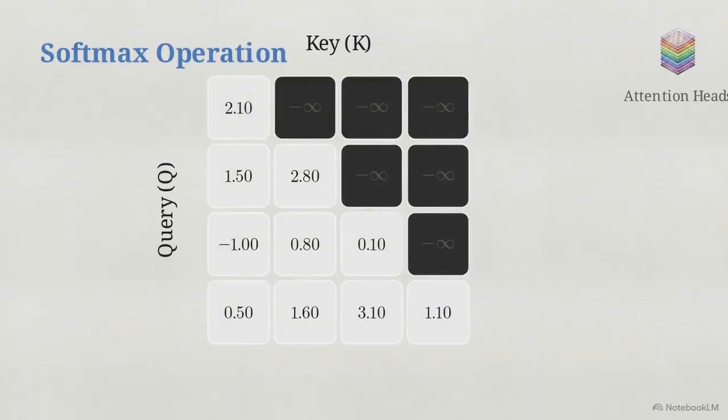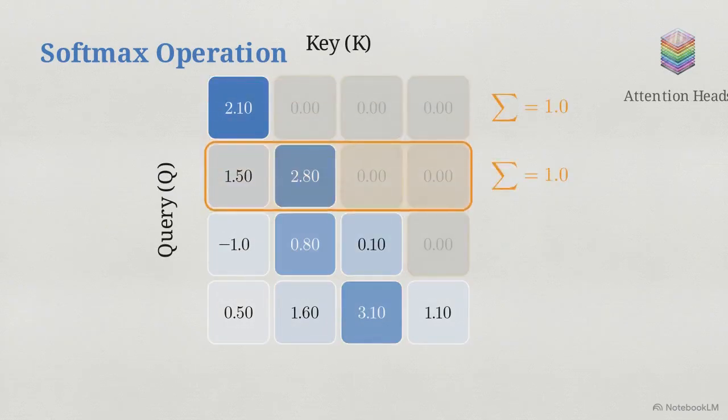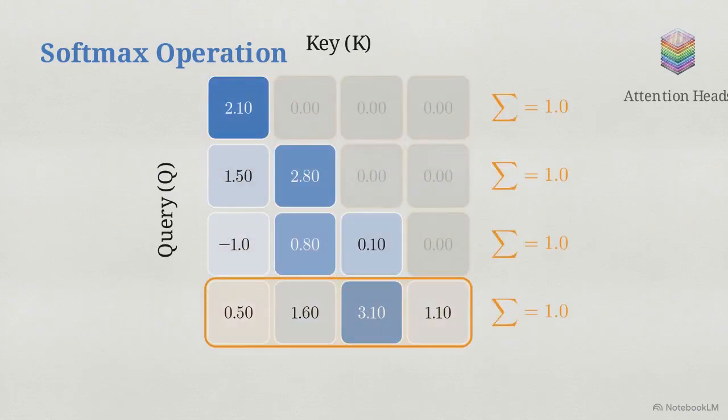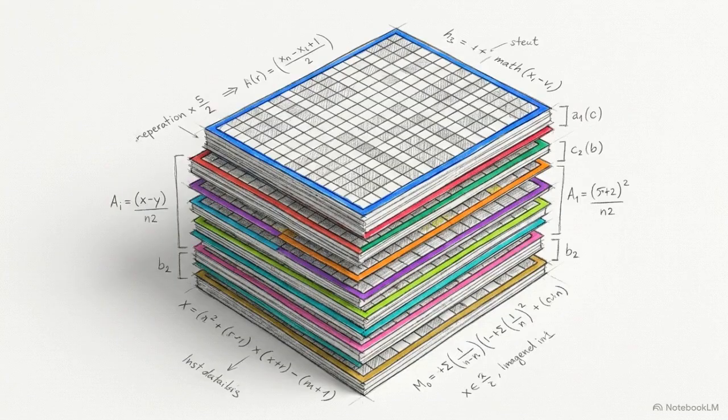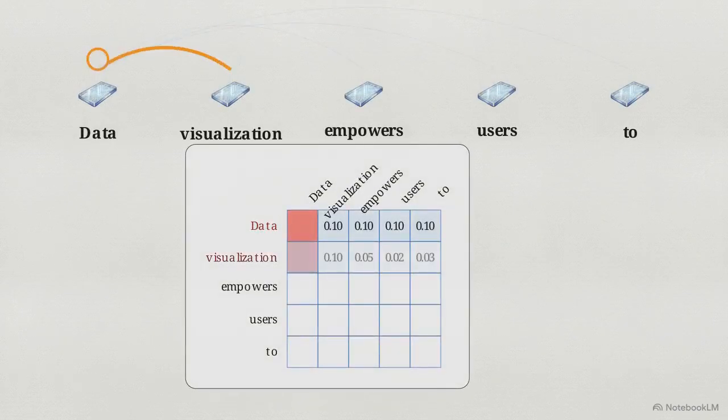A softmax operation converts the remaining dot product scalars into a probability distribution, where each row sums to 1. The architecture executes this operation across 12 simultaneous attention heads, allowing the network to track grammar, semantics, and tone in parallel. The resulting output matrix is an explicit mathematical map, quantifying the relevance of every word to every other word in the sequence.